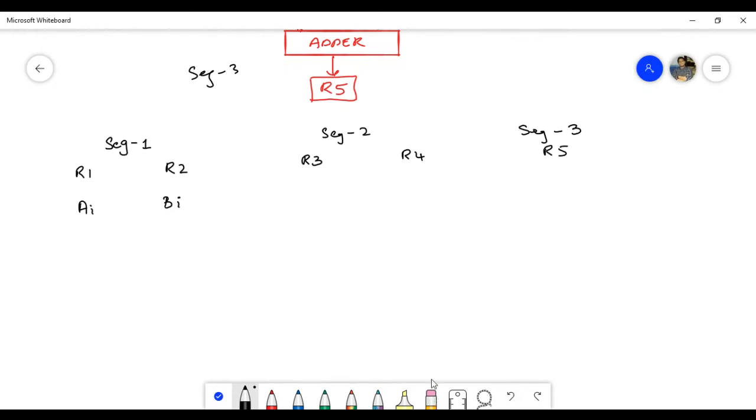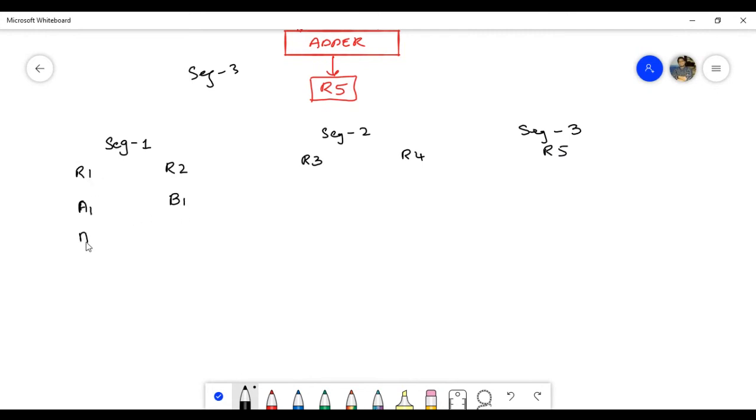We'll initialize this value with R1, R2. We'll initialize with A1, B1. That means R1 is AI and R2 is BI.